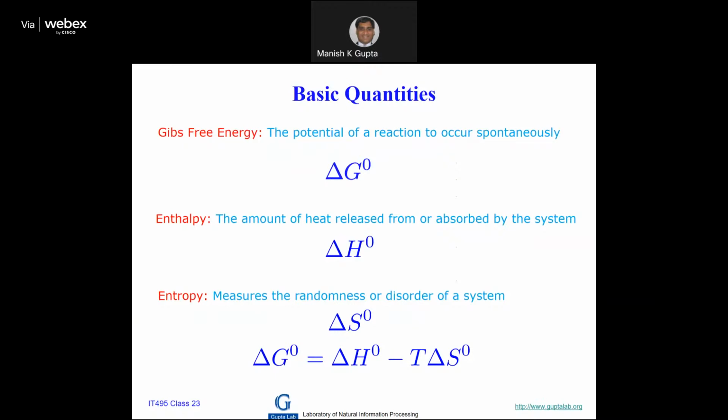Entropy measures the randomness or disorder of a system, and there is a relationship between them. By the way, do you know that your social networks, Twitter, Facebook, Instagram, LinkedIn, whatever you use, can have their behavior described in terms of these quantities?